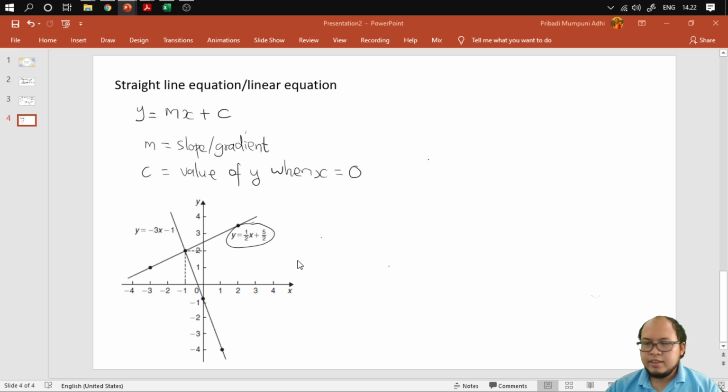In this equation, the m or the gradient will be equal to 1/2. So we have the positive sign of gradient.